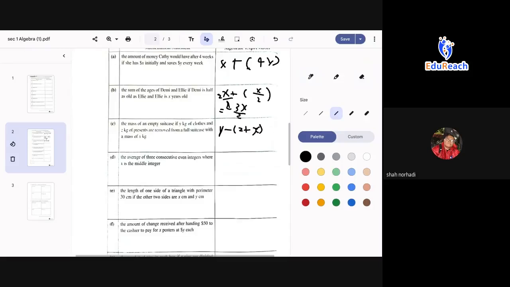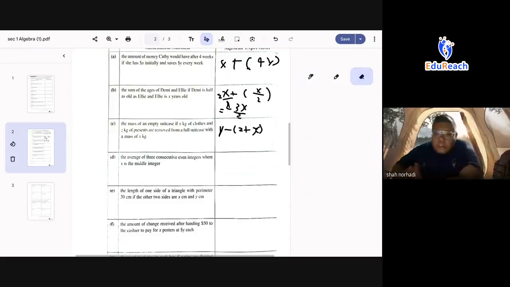I think you don't get it right. I think it's not right. x is the full suitcase. You are removing the clothes and the presents.